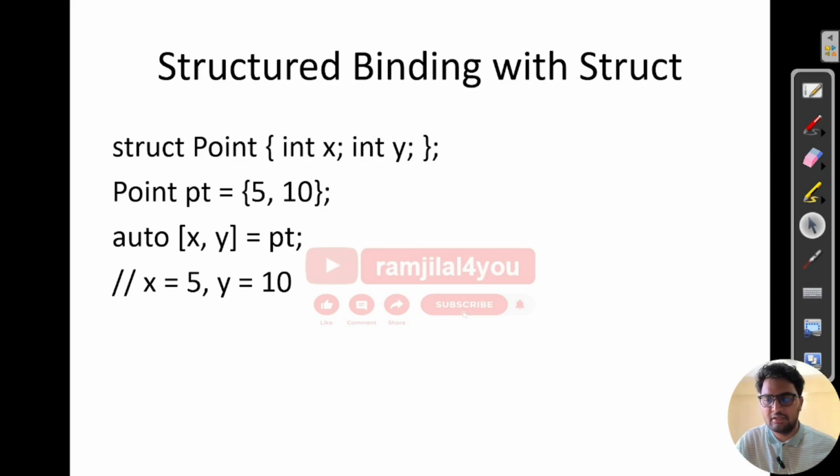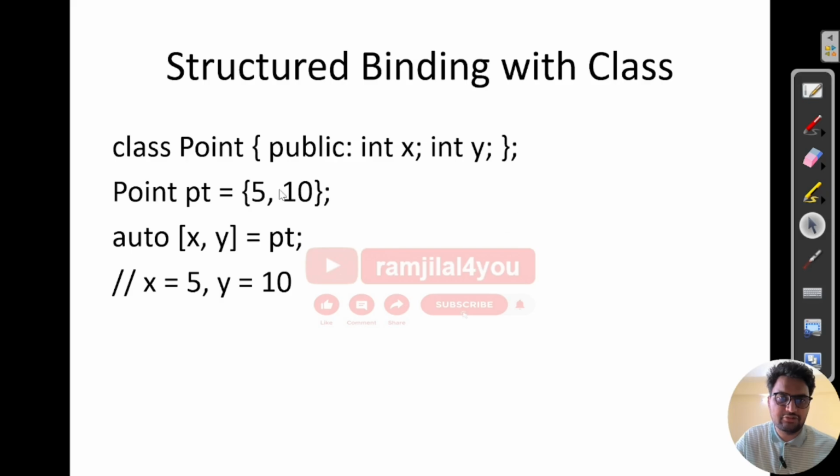But in case of the class, if we are not giving any access specifier, then the members of the class would be private, and there we cannot use the structure binding. If we want to use the structure binding in case of the class, then we have to use the public access specifier here, so that the members of the class are public, and then only we can use the structure binding, correct?